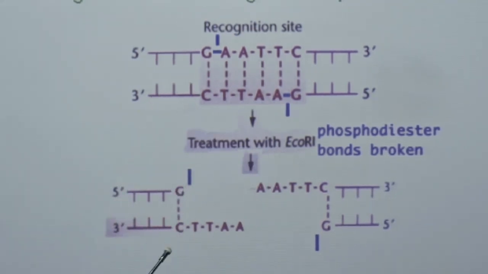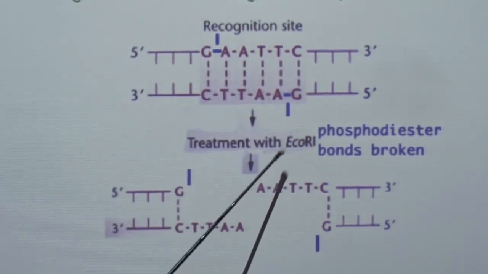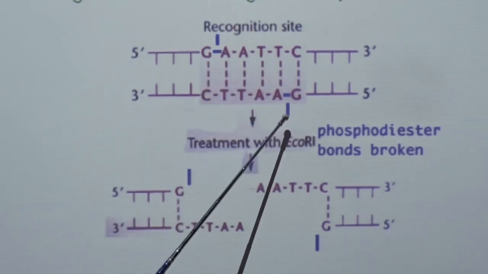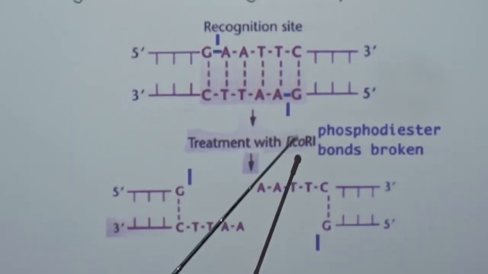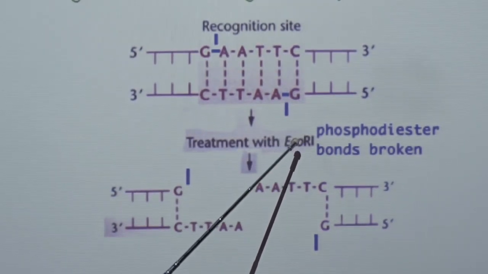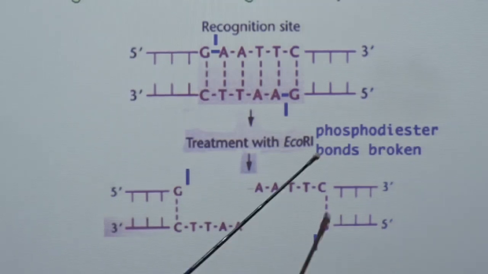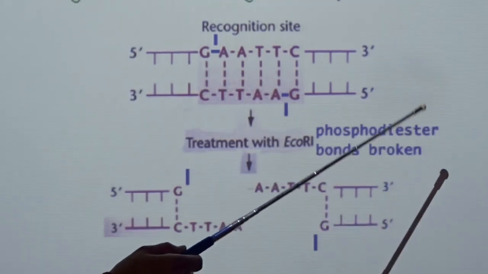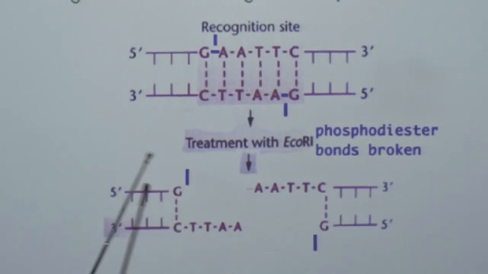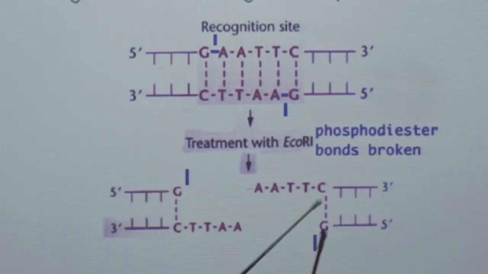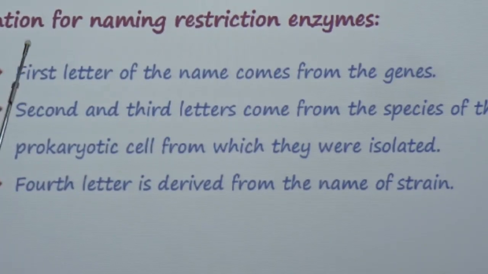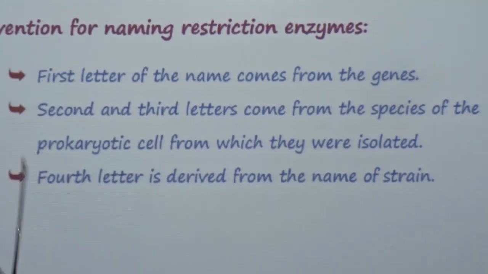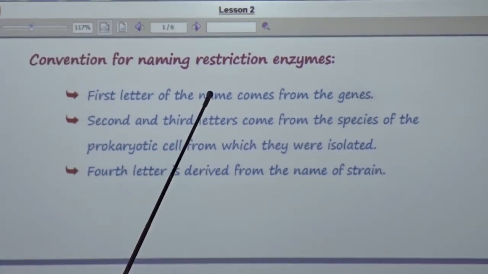Therefore, treatment with Escherichia coli EcoRI, this restriction endonuclease, will cut the phosphodiester bond, and then it will behave like this. I will discuss the process later.